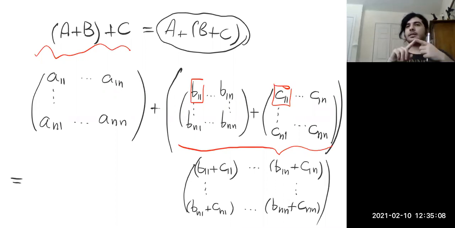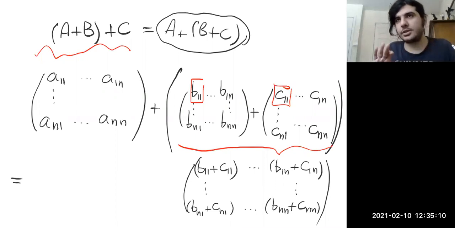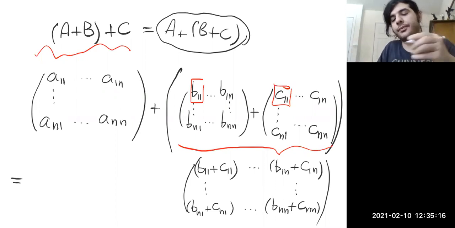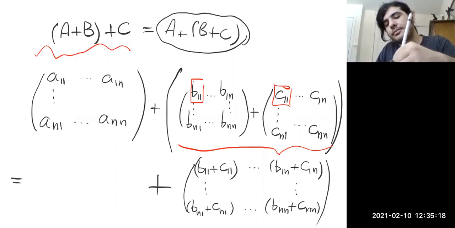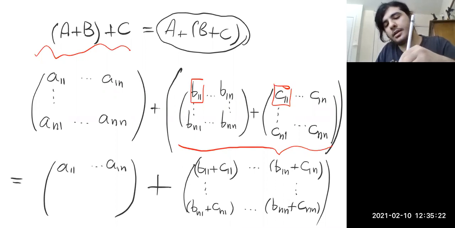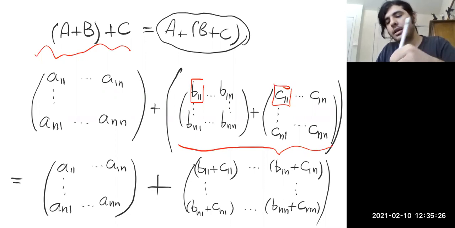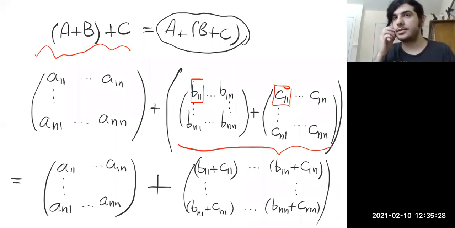I add all the elements in the matrix B to an element in the matrix C, which is in the same position, right? And then I should add the result to A11 to A1n, AN1 to ANN. I should add that to this matrix, okay?